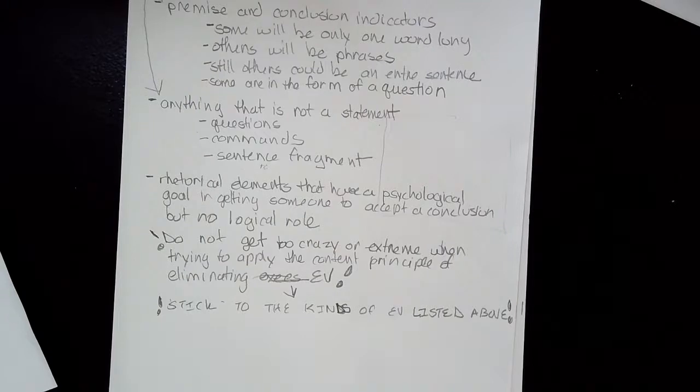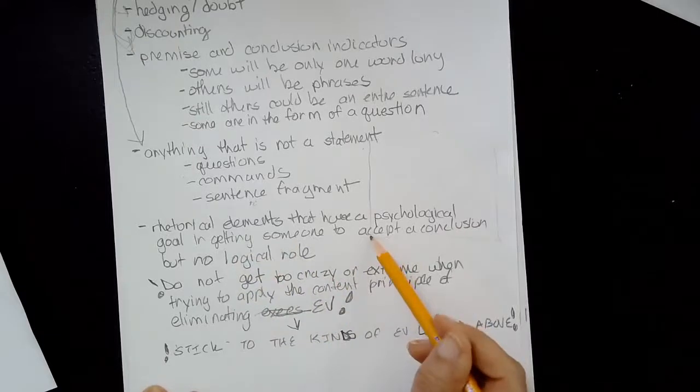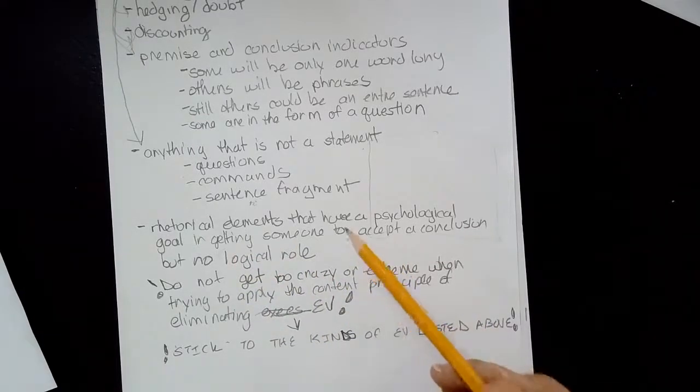Having hedges and other kinds of excess verbiage like premise indicators and conclusion indicators are wonderful elements to have in your writing when you're doing a paragraph in argument form. You don't want to have this kind of stuff in it when it comes to presenting rational arguments, right? And we'll talk more about that later.